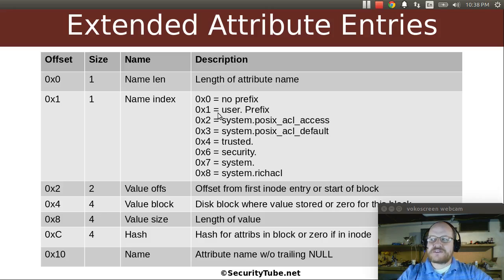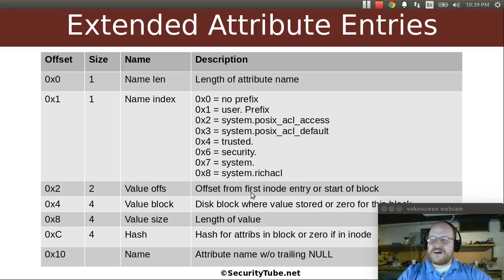That user prefix that I mentioned earlier is 1. 2 means that you're using an ACL access list. 3 is another ACL access, in this case ACL default. 4 trusted, 6 security, 7 system, and 8 system rich ACL, which is not commonly used, but depending on the system it might be used.